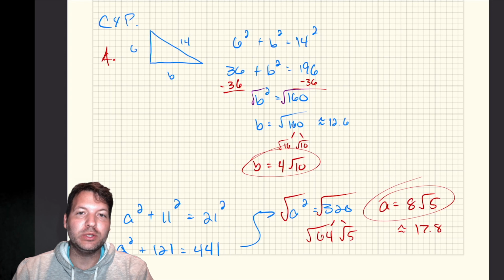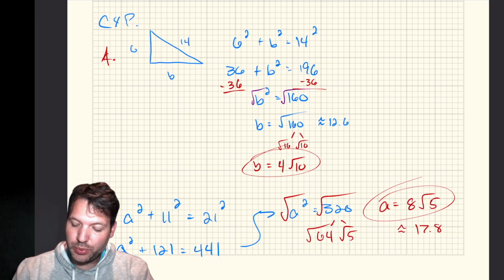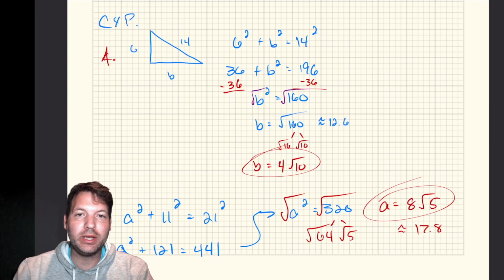That would be approximately 12.6, but again, we don't care about the approximation. Check Your Progress 2B, we get about 17.8, but again, we don't care about the approximation. We get exactly 8 root 5. You'll notice I didn't even write a triangle down for Check Your Progress 2B. Once you get pretty comfortable with these, you don't always need a triangle, though it never hurts.